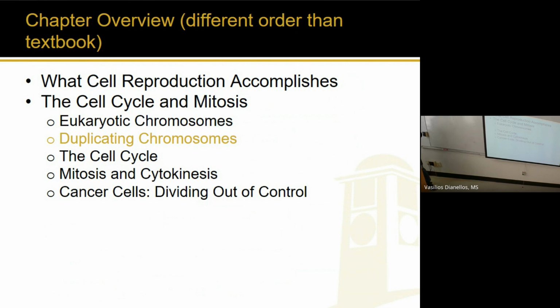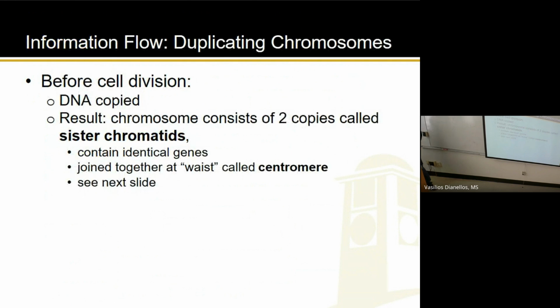So before we can get to the cells actually reproducing, we have to talk about duplicated chromosomes. Duplicating chromosomes is another way of saying copying the DNA, right? If you have one chromosome that has certain codes on it, genes, you need to make a perfect copy of it. And then here's that term I told you that you're going to need to know, and there it is. You need to know that.